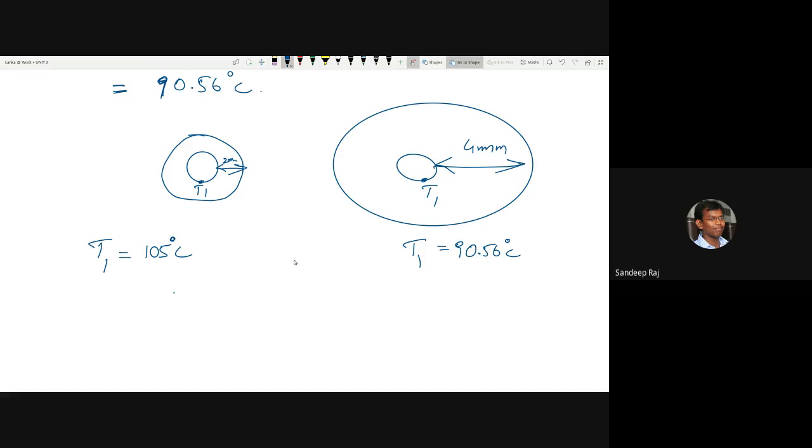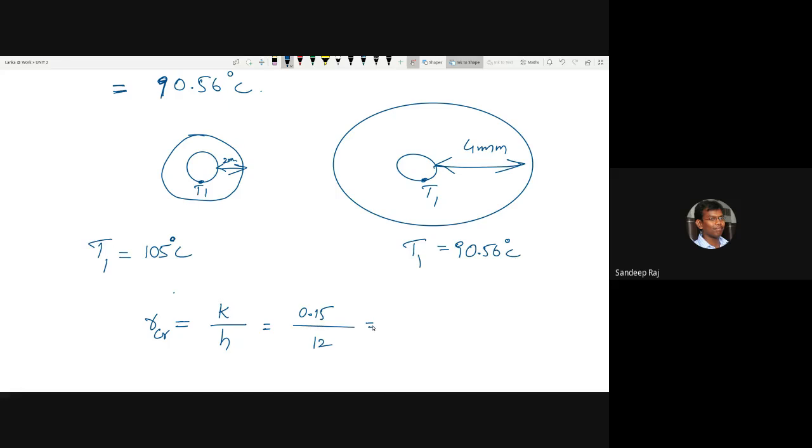Let me keep it aside and let me calculate what is the critical radius of insulation. If I take critical radius of insulation, it is k by h, isn't it? So the k value here is 0.15 and the h value here is 12 watt per meter square Kelvin. So tell me this value.